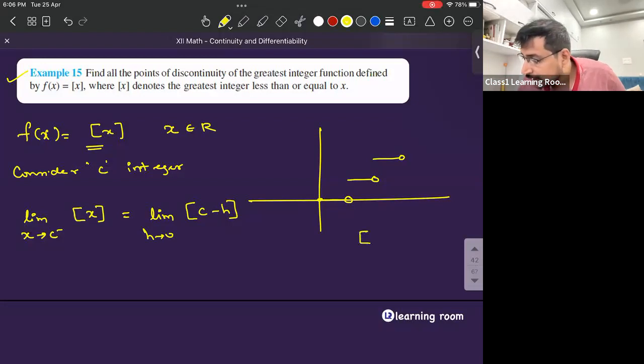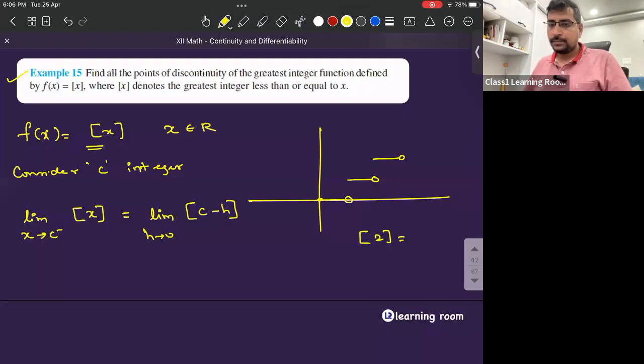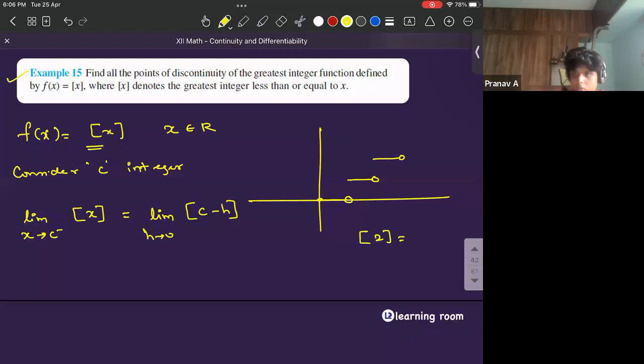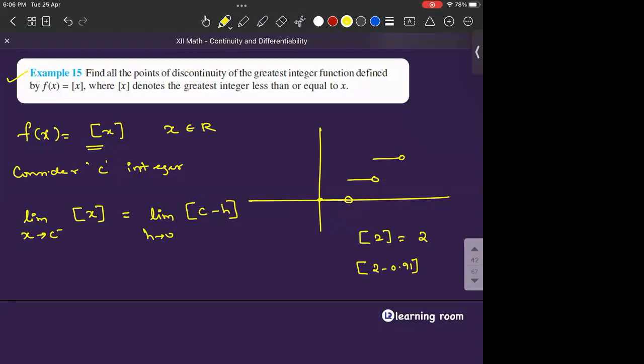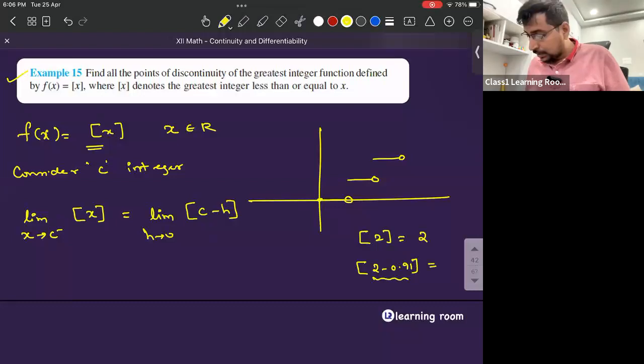If I have greatest integer of 2, what is the answer going to be? 2. If I have greatest integer of 2 minus 0.91, what is the answer going to be? So what will happen to this value? It will be greatest integer of 1 point something.